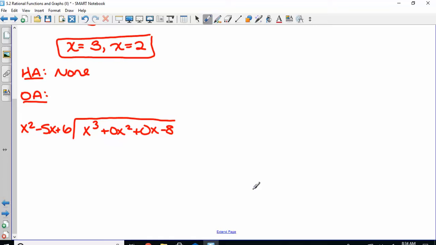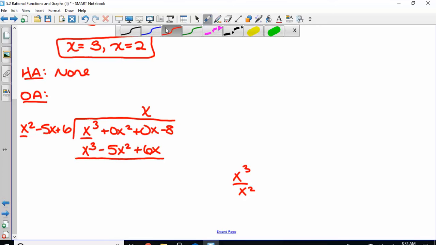So first step, you divide. X cubed divided by x squared. That's an x. Multiply. X times x squared is x cubed. X times negative 5x is negative 5x squared. X times 6 is a 6x.